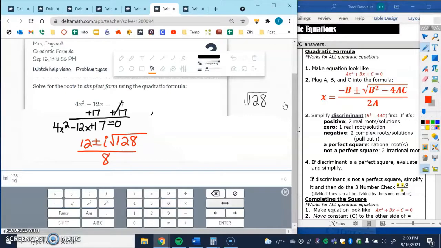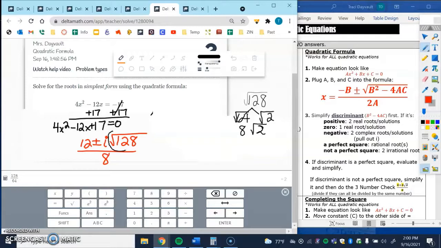So 8 and 16, but I notice that 8 still has a perfect square within it. So that means I need to go higher than 16. Okay, if I do 64 times 2, that will work. So 128 breaks into the square root of 64 and the square root of 2. The square root of 64 is 8. So that would be 8 square root of 2.